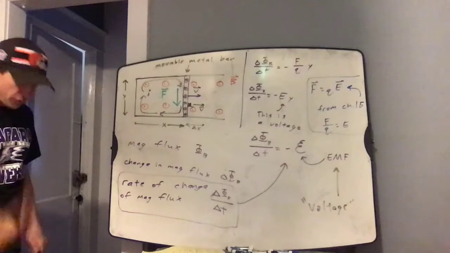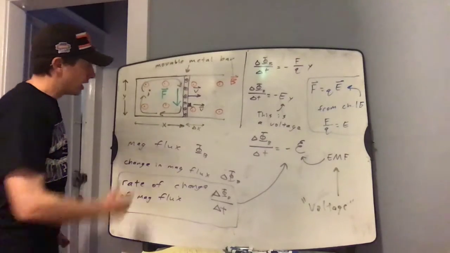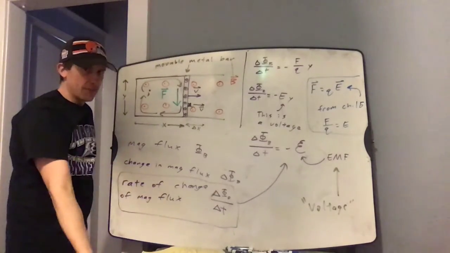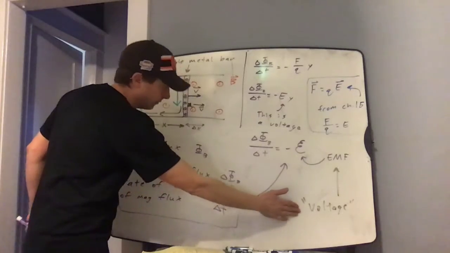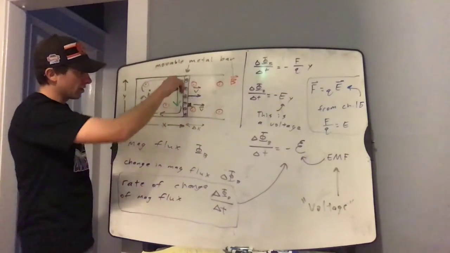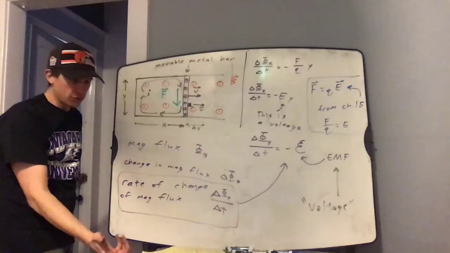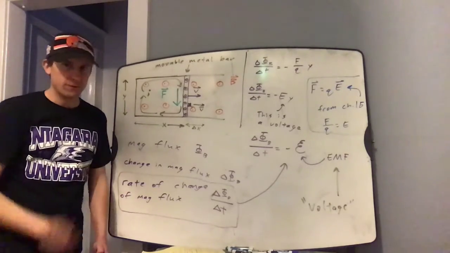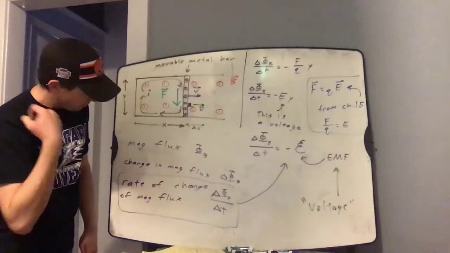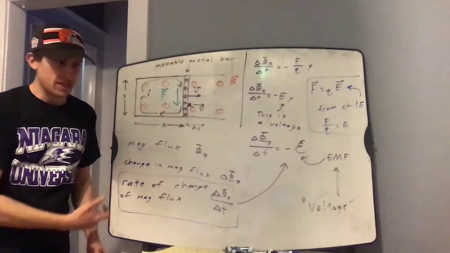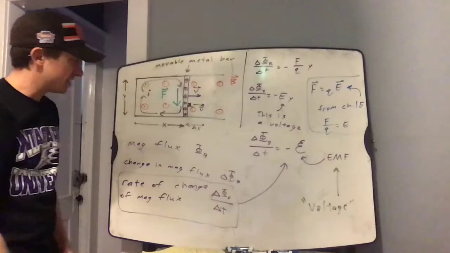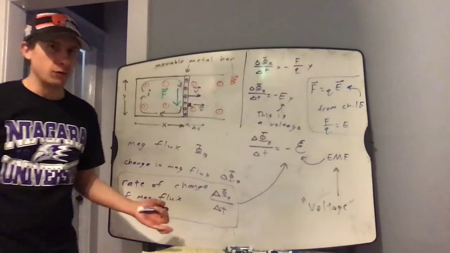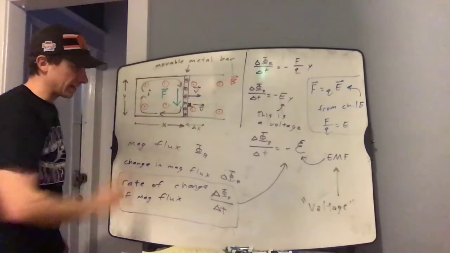Now, later on, we will have a rule for will this induced EMF, will this created voltage tend to make the current flow clockwise or counterclockwise around this loop. We will address that problem in the future. But for now, the punchline of this thought experiment that we created was it is possible to create voltage by having a changing magnetic flux.